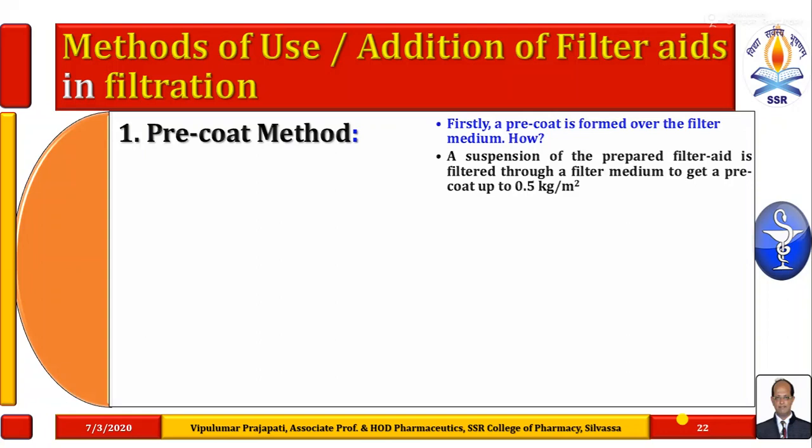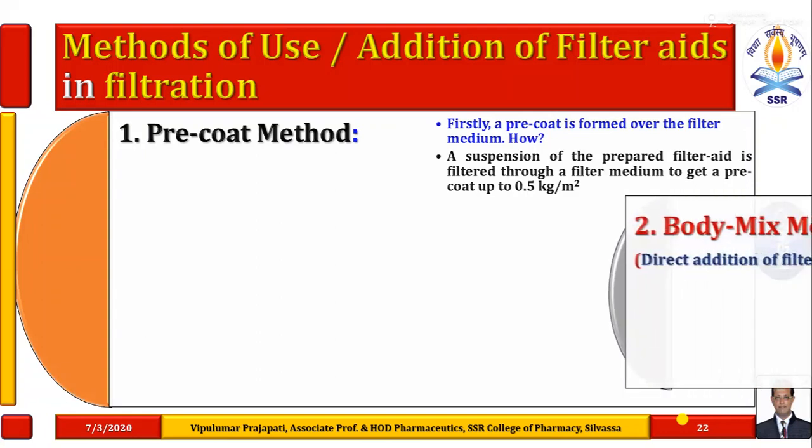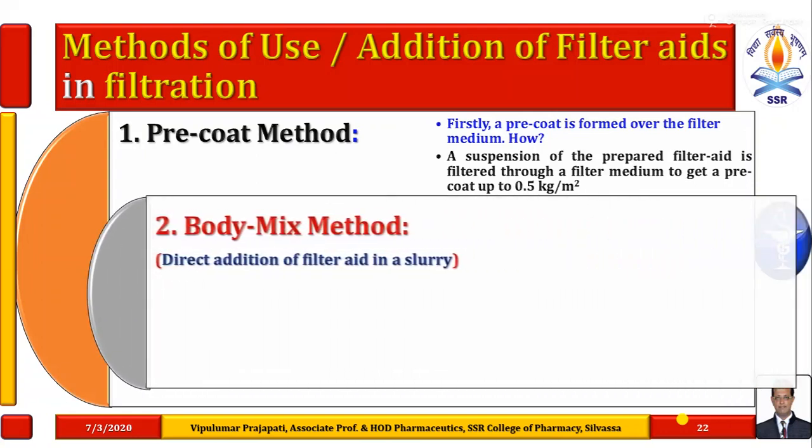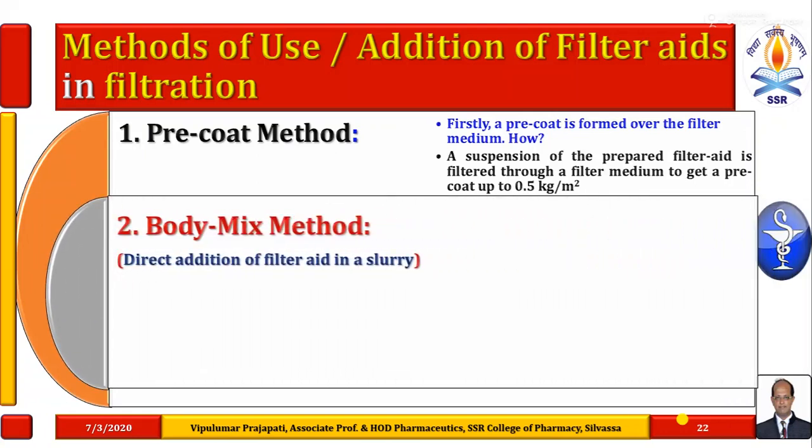So first we have to make a thin layer of filter aid on the filter media in the Buchner funnel, and then the actual filtration is carried out on the available slurry.